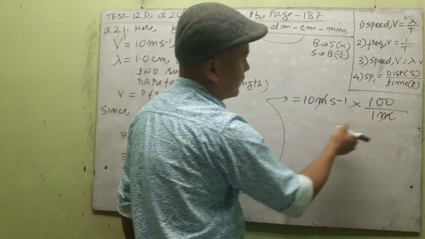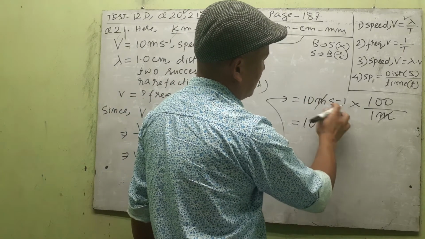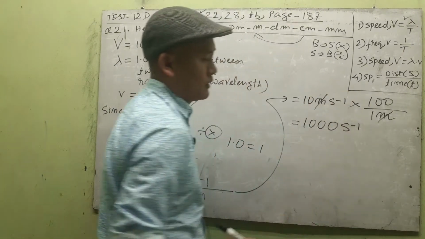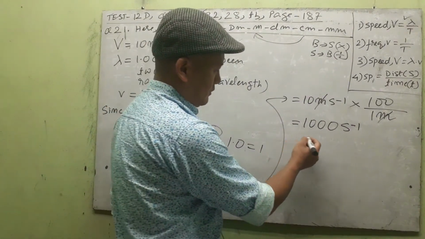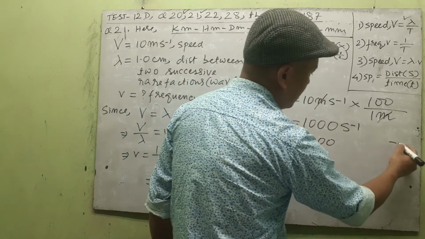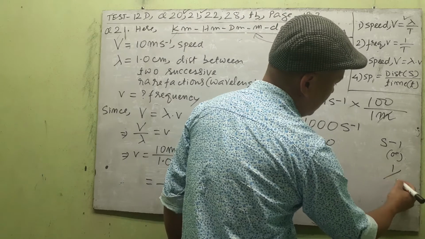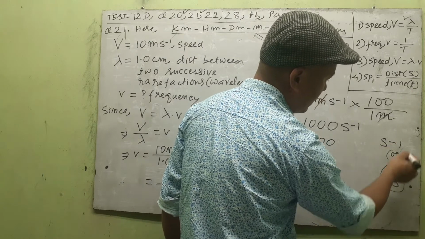This meter and meter can cancel. 10 into 100 is 1000 per second, second to the power minus 1. This or this is the same.